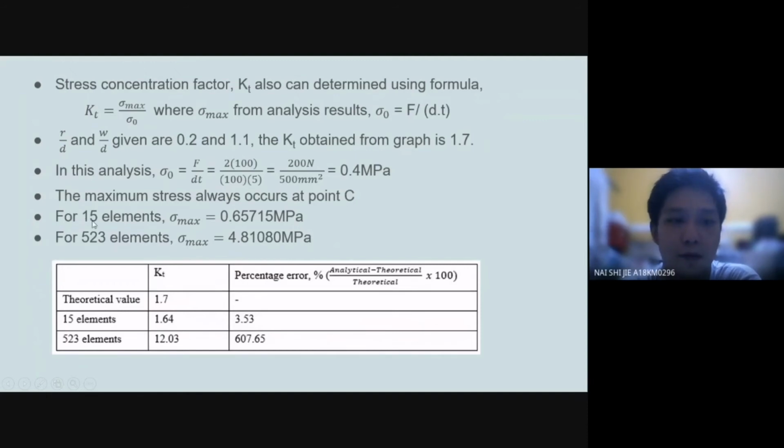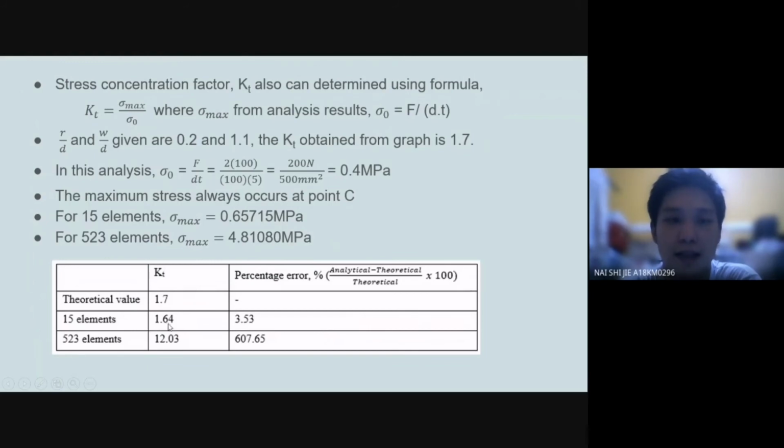For 15 elements used, we obtain that sigma max is equal to 0.65715 megapascal. For 523 elements, we found that sigma max is equal to 4.81080 megapascal. After that, we calculate the Kt for both cases using the formula sigma max over sigma naught.